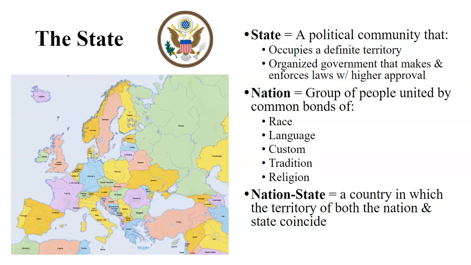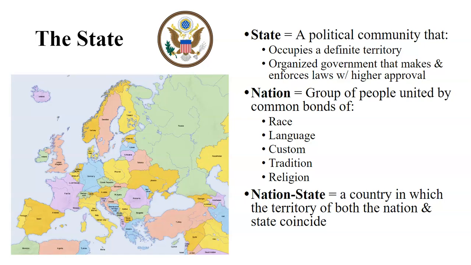Two is your nation. It's a group of people united by a common bond, or bonds. Traditionally, you look at those five traits: race, language, custom, tradition, and religion. Now, nations can actually stretch across many states. I like to give this example here in the United States. You have various groups of Native Americans, like the Cherokee or the Seminole, Ojibwa, whatever.